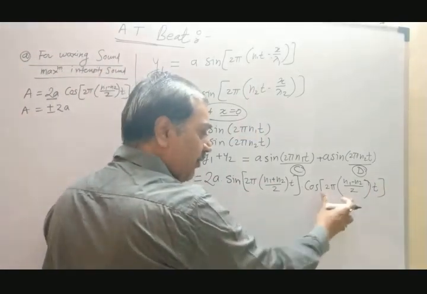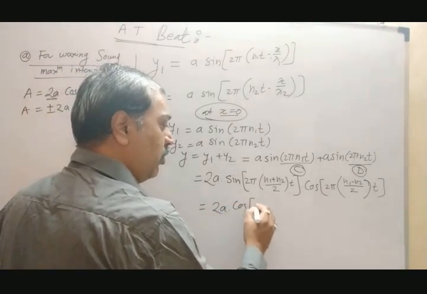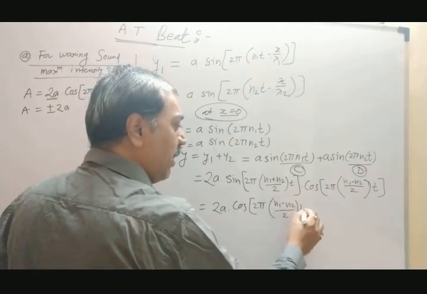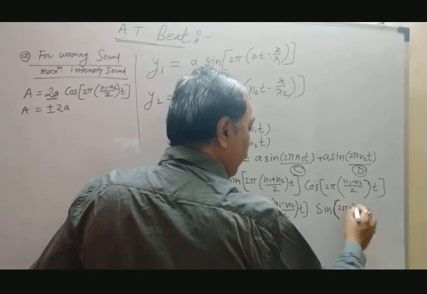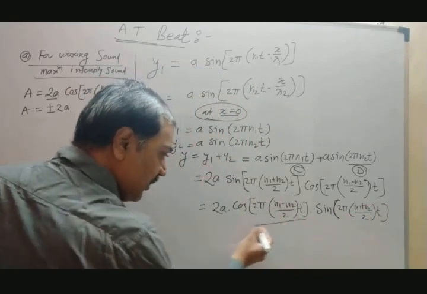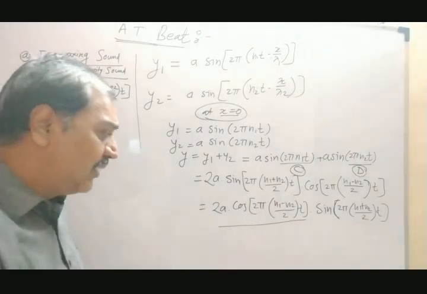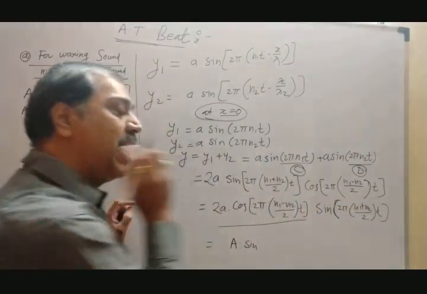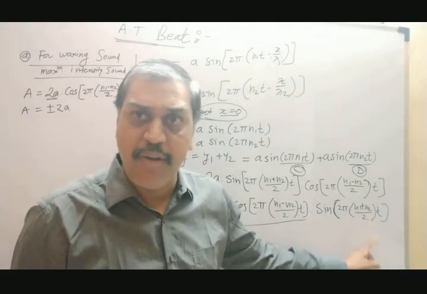In both cases, just write down this term first and this term later. Then what we get here is twice A cos of 2 pi in the bracket (N1 minus N2) divided by 2, outside the bracket T, into the sine term as it is: sine of 2 pi (N1 plus N2) divided by 2 into T. Now if you put twice A cos of 2 pi (N1 minus N2) by 2 into T as capital A, then you can write A sine of 2 pi (N1 plus N2) divided by 2 into T. N1 is the first frequency, N2 is the second frequency, and dividing by 2 gives the average frequency.